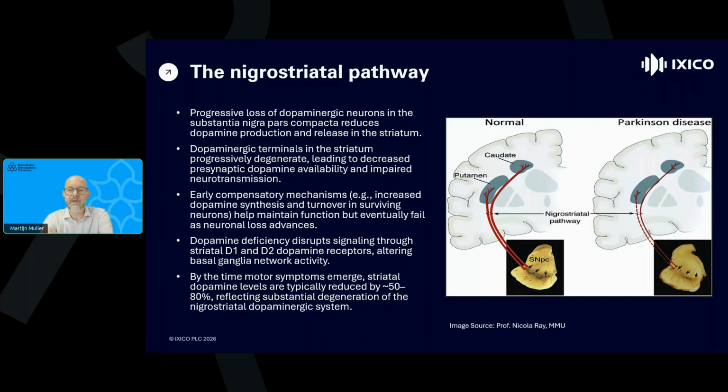By the time characteristic motor features of the disease emerge, substantial loss of dopamine terminals has already occurred, with estimates of 50 to 80% of the dopamine cells already lost. Because of this, though, imaging of this pathway provides a biologically relevant target for confirming disease-related degeneration. Let's go to the next slide.